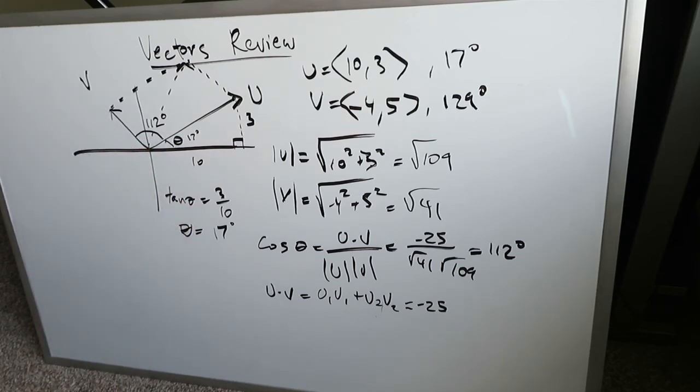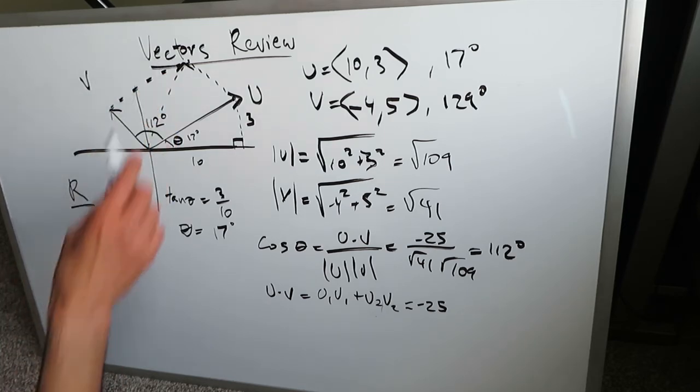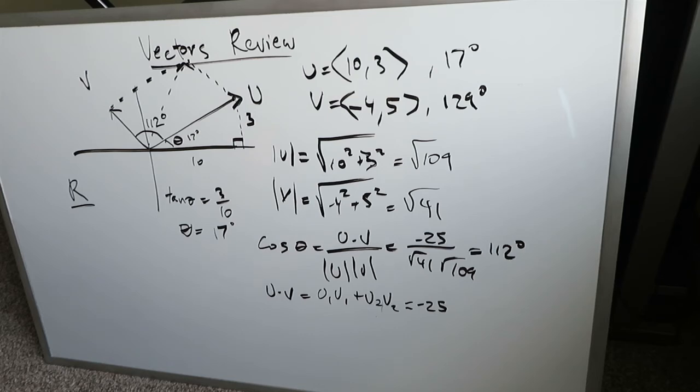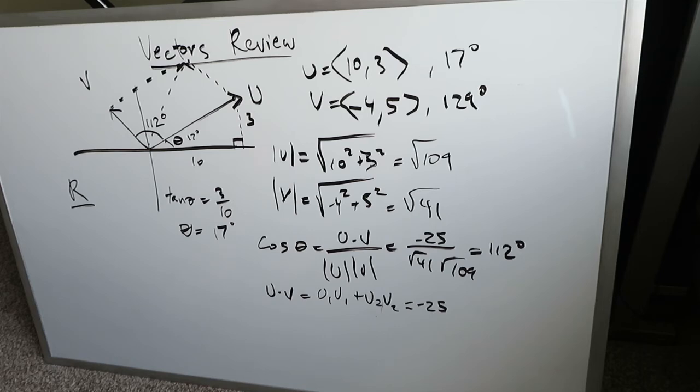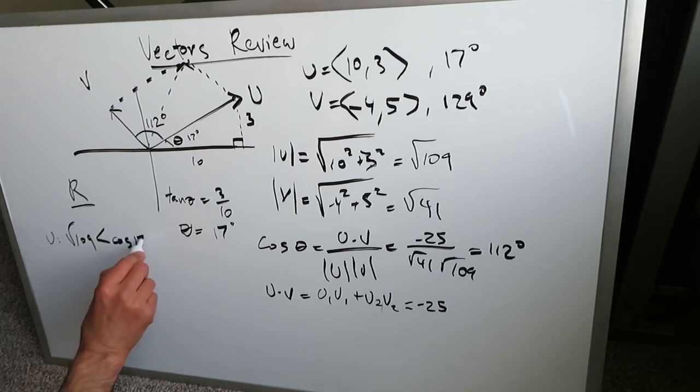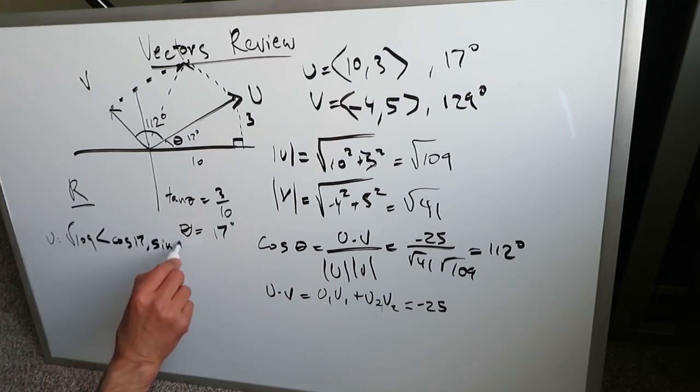All we gotta do now is talk about the resultant, which is obtained right here from the addition of these two vectors. And you know the procedure for that. You needed to have the magnitudes and you needed to have the directions, and we have that. Let's look at u. For u, the magnitude is root of 109, and then you gotta multiply it by the directional components, cosine 17 and sine 17.